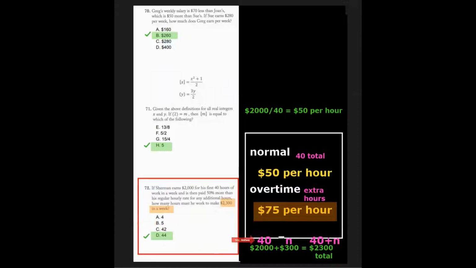Well, 40 plus some number of hours that earns 300 is 40 plus N, but we know that's 4 hours because 300 divided by 75 is 4, meaning that he did 40 hours at regular pay plus 4 hours at overtime pay, for a grand total of 40 plus 4, or 44 hours, to earn $2,300. And the correct answer was D.